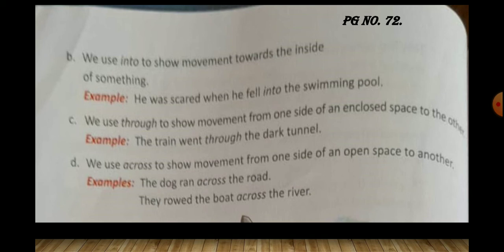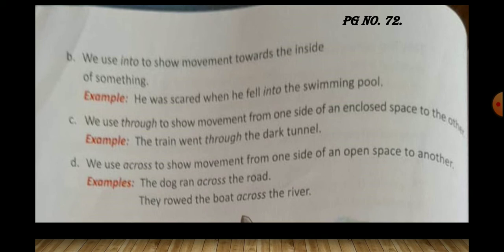Number D, we use across to show movement from one side of an open space to another. So when you move from one side to the other side, or when you cross something, when you move from one end to the opposite end.